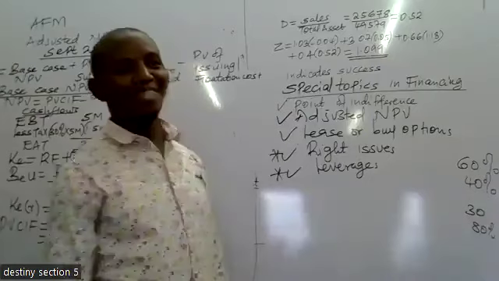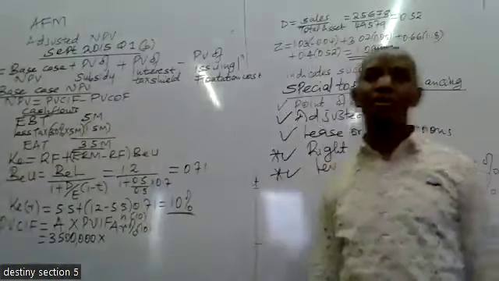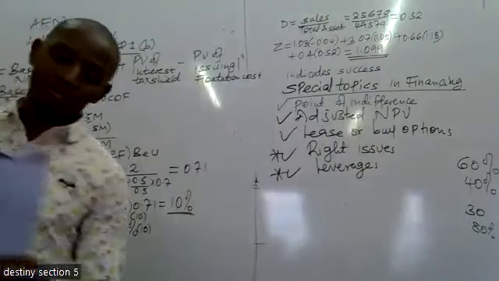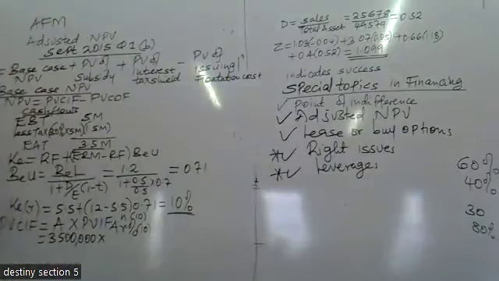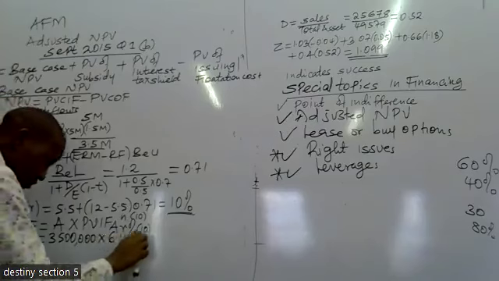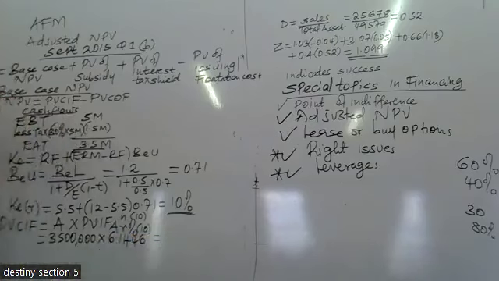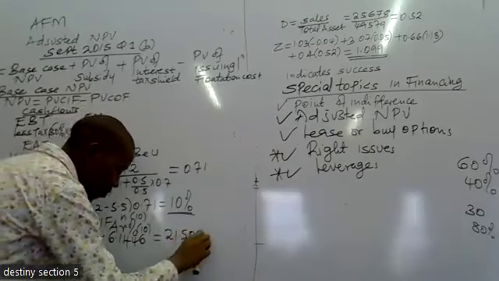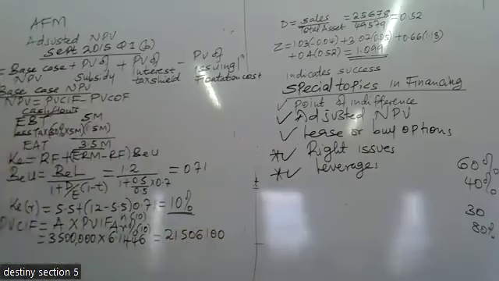So just use the second table where you go to the rate, which is 10% on the horizontal, and vertically we have the period, 10 years. It's giving you how much? 6.1446.